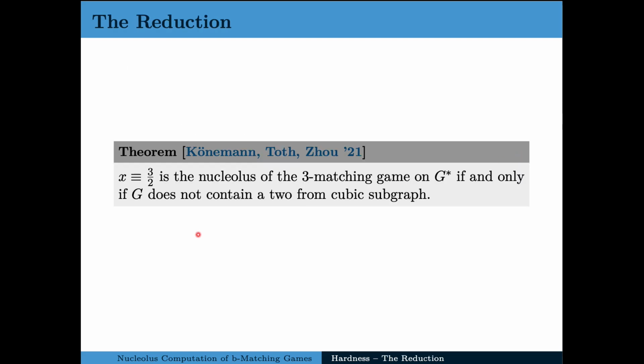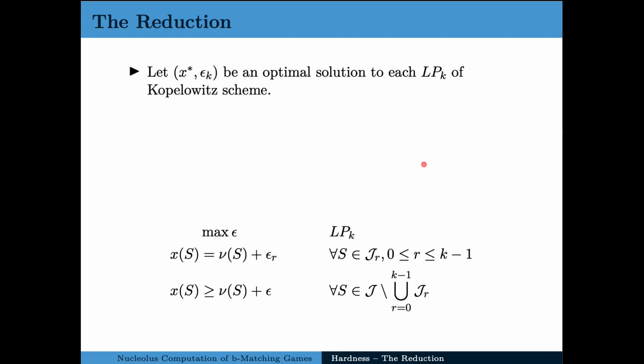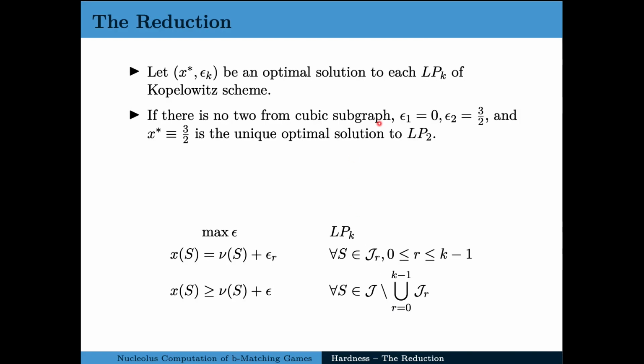More specifically, the uniform allocation, which assigns 3/2 to every player, is equal to the nucleolus of the 3-matching game if and only if the original graph does not contain a 2-factor cubic subgraph. So how would such a reduction work? Let x star and epsilon k be an optimal solution to each LP k of the Kopelowitz scheme. I've typeset that below to remind us what that is.